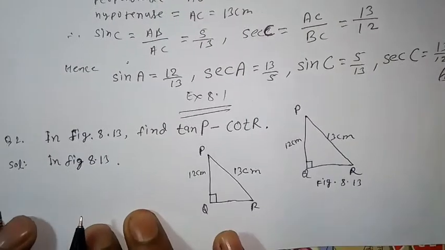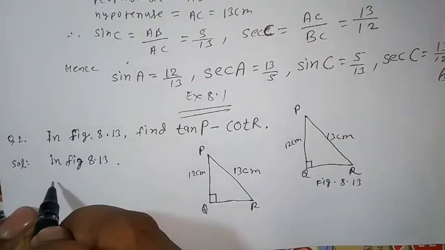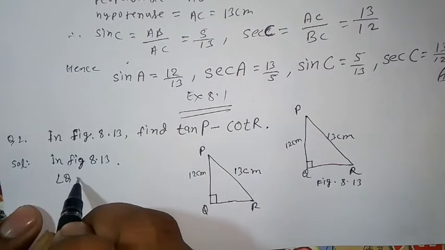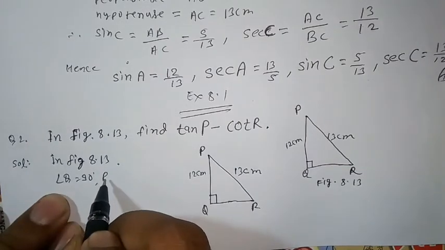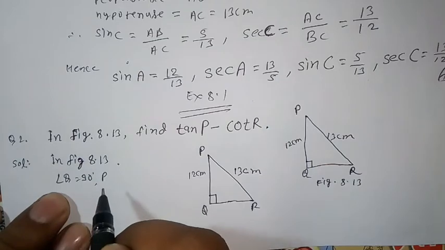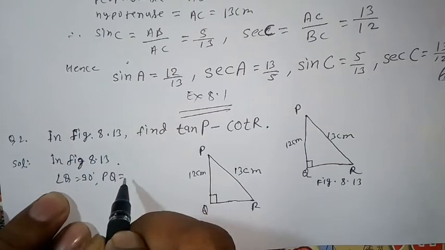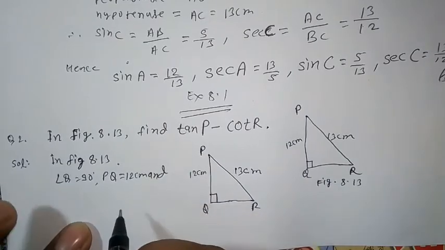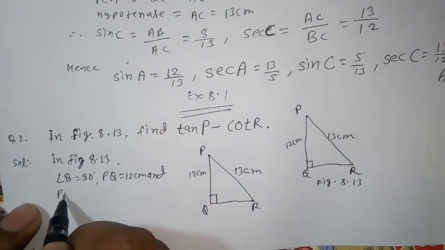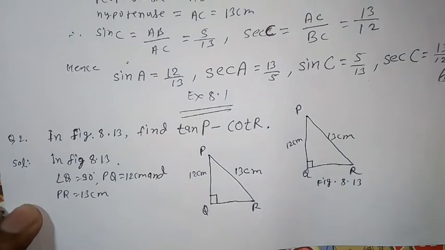In figure 8.13, angle Q is equal to 90 degree. PQ is equal to 12 centimeter and PR is equal to 13 centimeter.